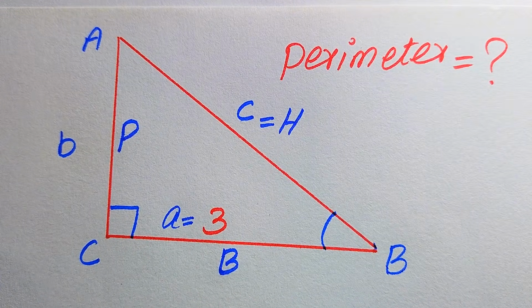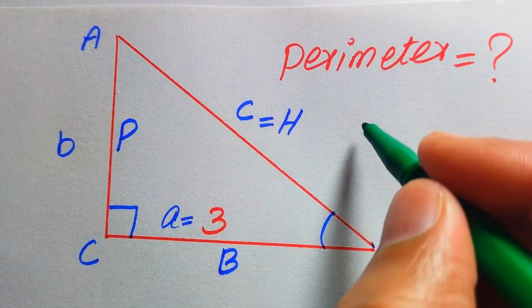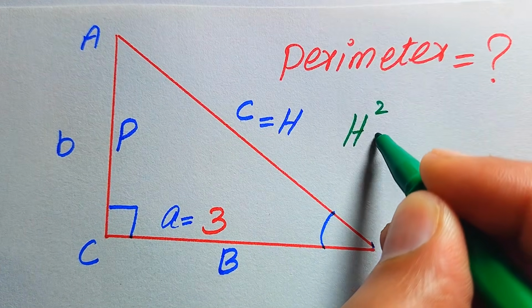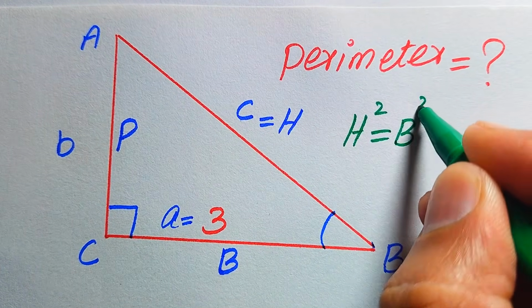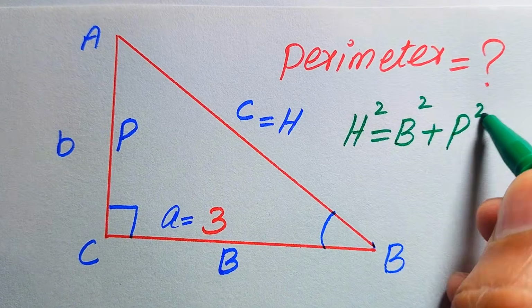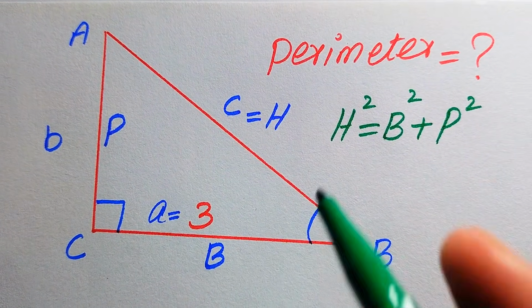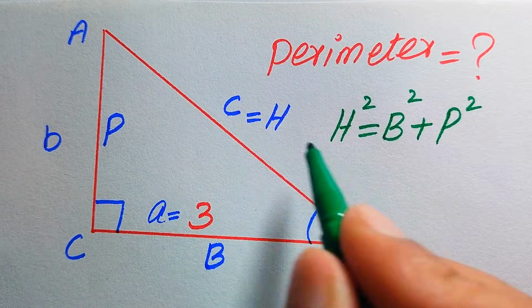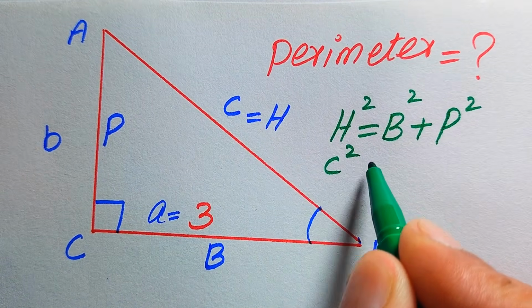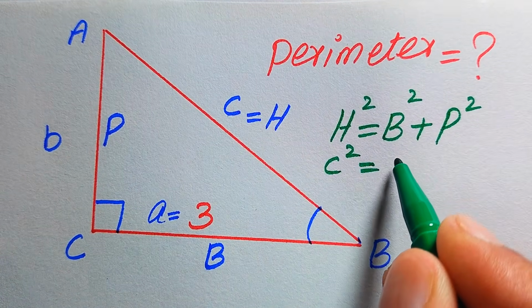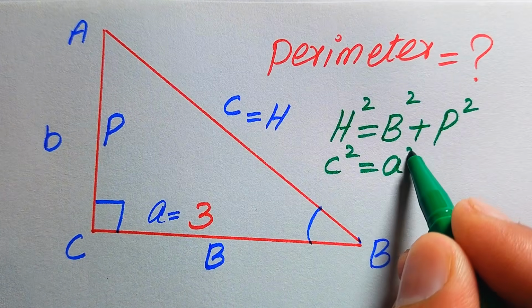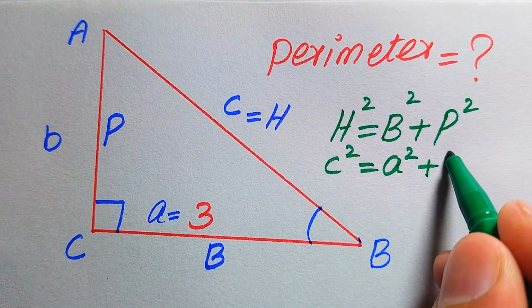The Pythagoras theorem is stated as hypotenuse square equals base square plus perpendicular square. The value of hypotenuse is c, so it becomes c square. The value of base is a, so this is a square, and the value of perpendicular is b, so this becomes b square.